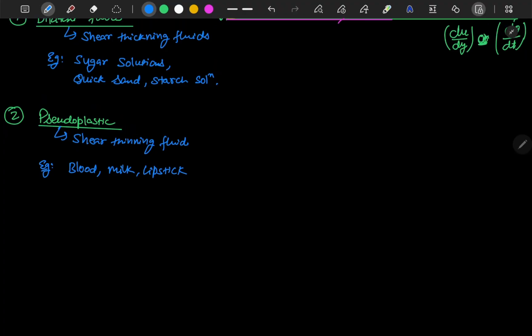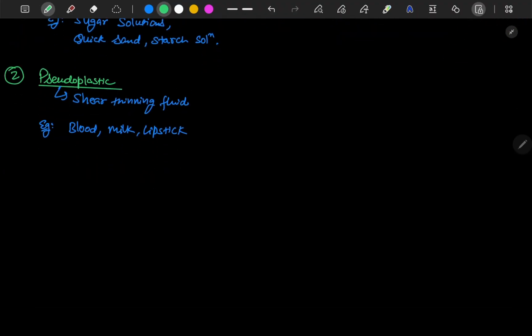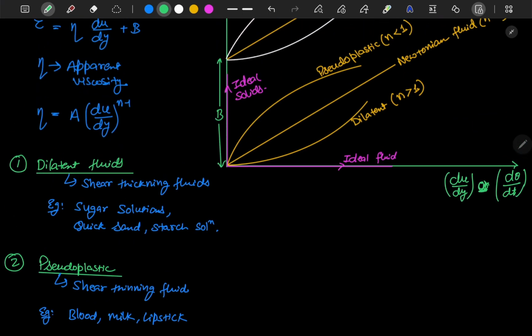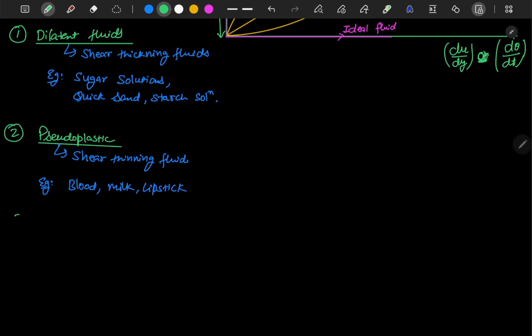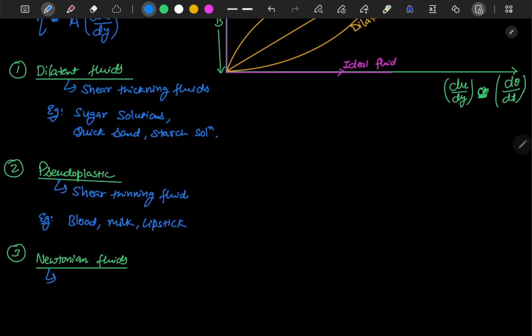Okay, next let's talk about Newtonian fluids. Third is your Newtonian fluids. As I mentioned, in your dilatant and pseudoplastic fluids, the viscosity will keep on changing.